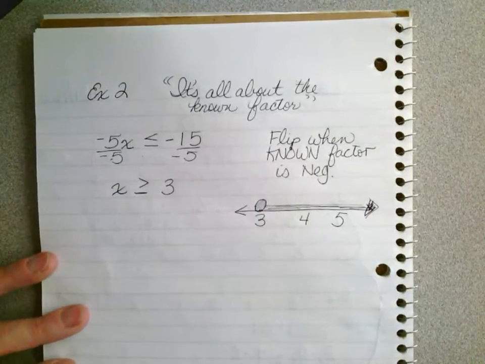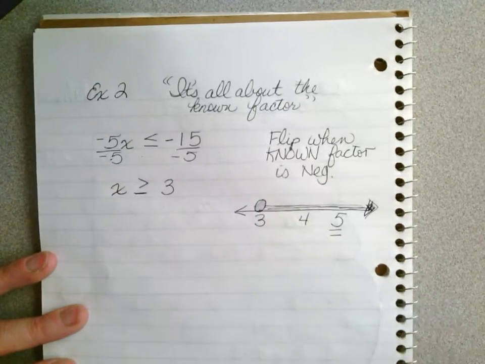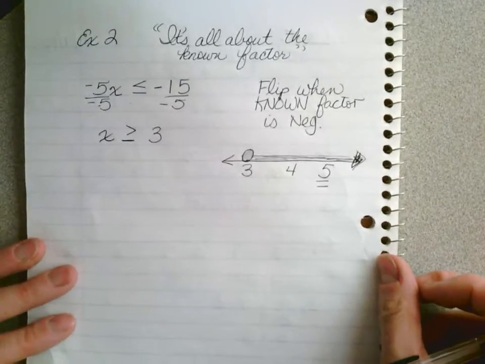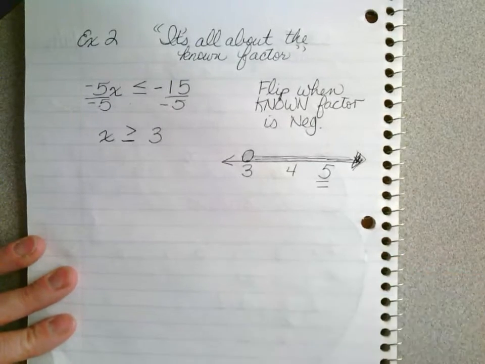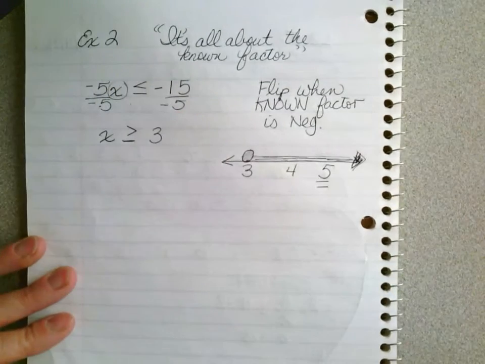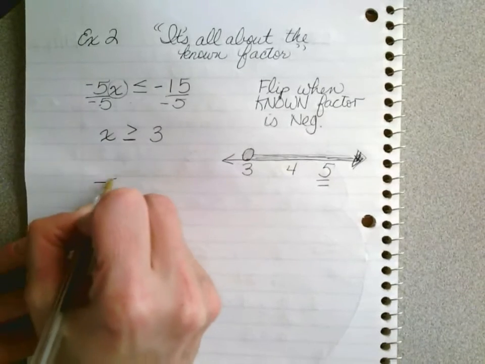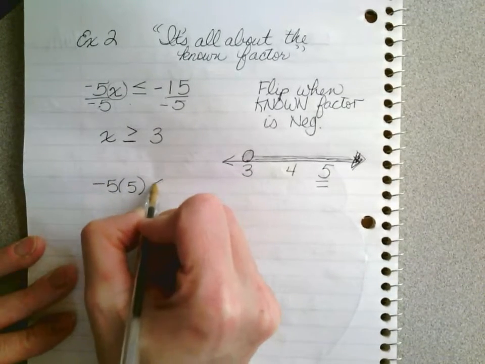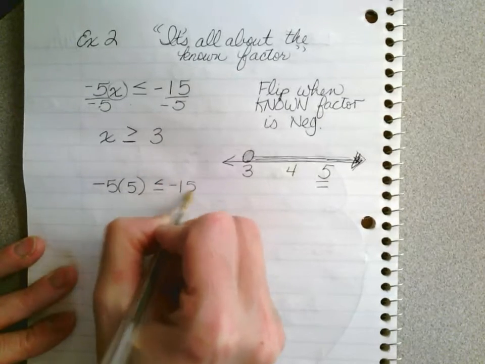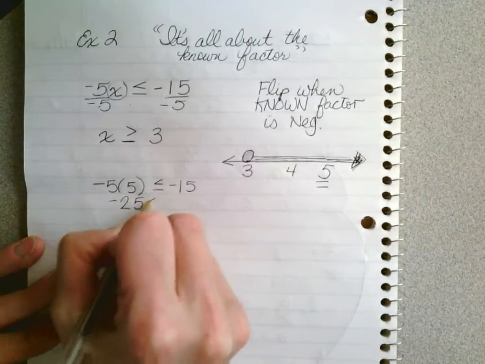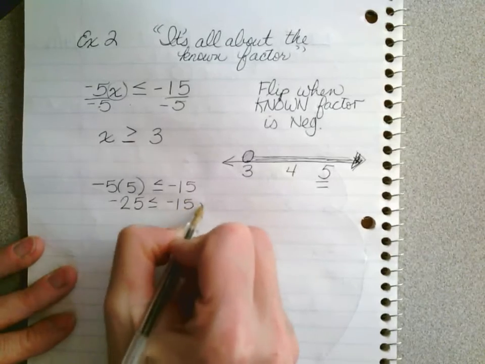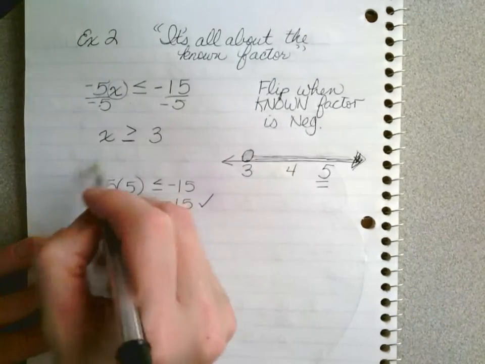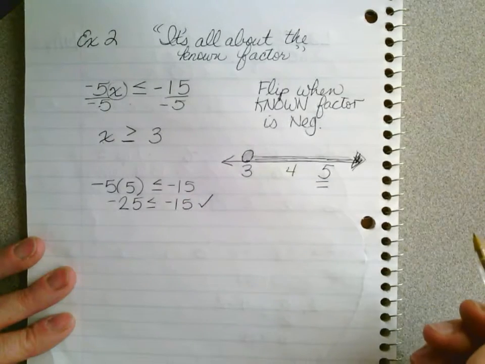Let's test a 5. We're going to put it right here. Negative 5 multiplied by positive 5, is that less than or equal to negative 15? Yes, it sure is. Let's test it here where we've flipped it.